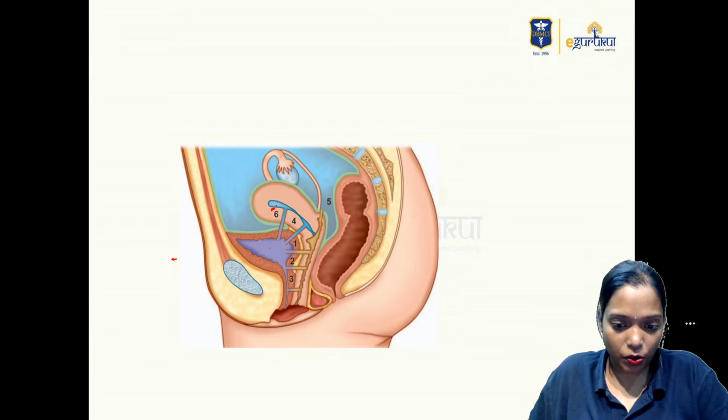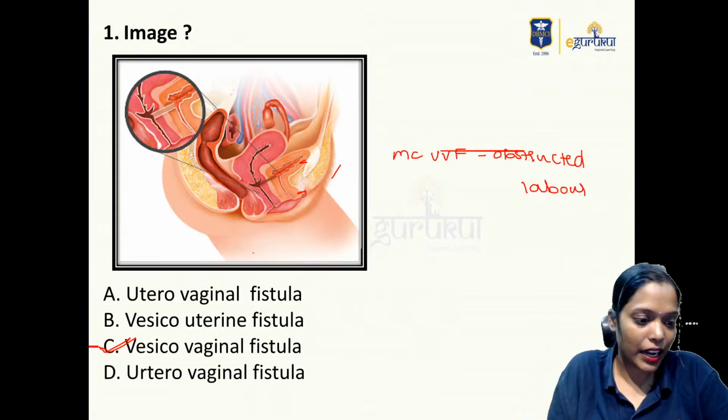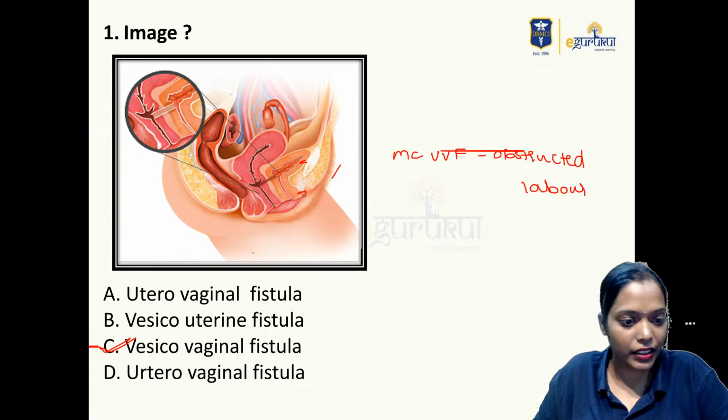This is between uterus and bladder, so it is uterovesical. Cervix and bladder, cervicovesical. Vagina and bladder, vesicovaginal. And urethra and bladder will become urethrovaginal. The image which they gave us was vesicovaginal. I think you all would have answered it correct, right?